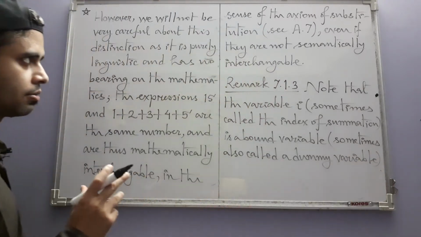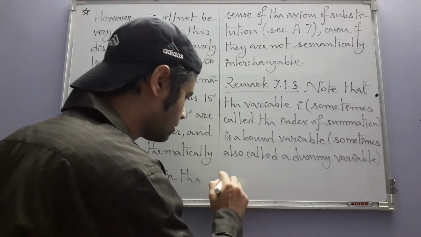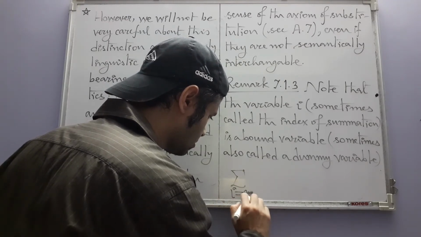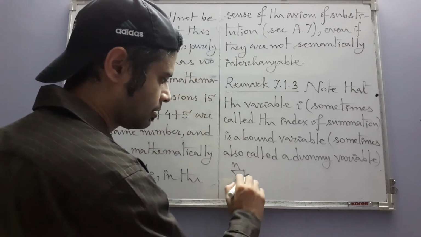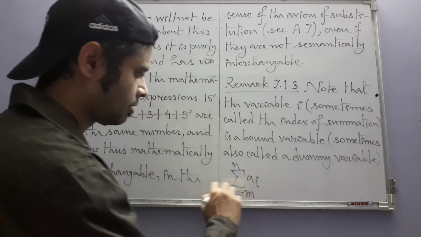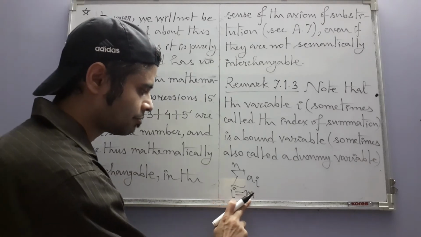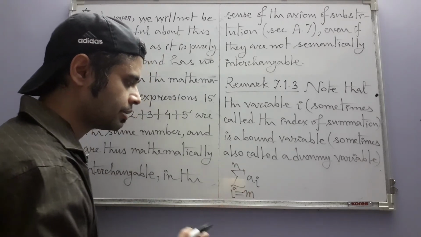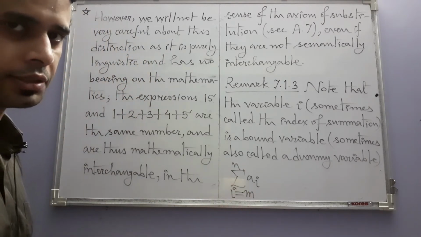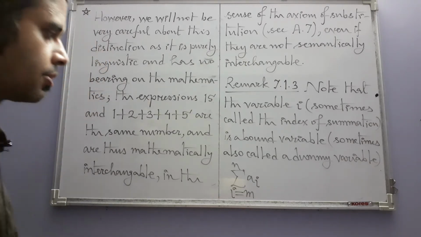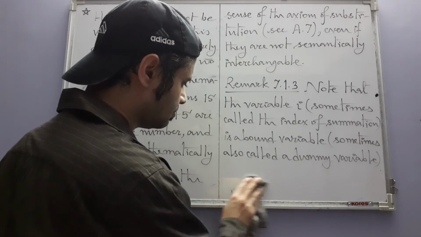Bound because in a series expression, the values that i can take have already been pre-assigned. i can take the values between the integers m and n, including the integers m and n. So it's called a bound variable, and that is also sometimes known as a dummy variable.